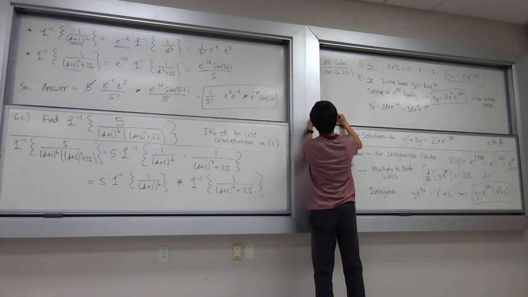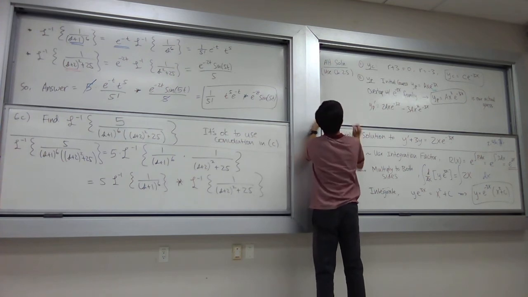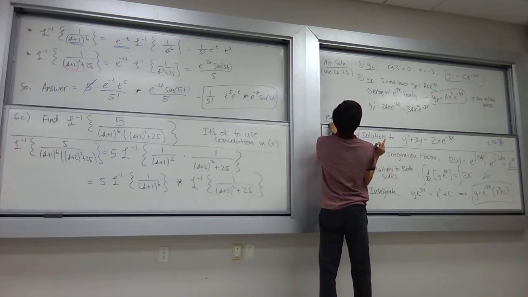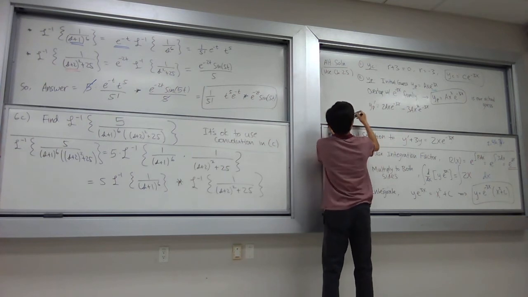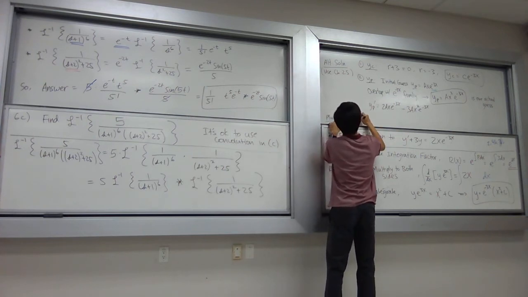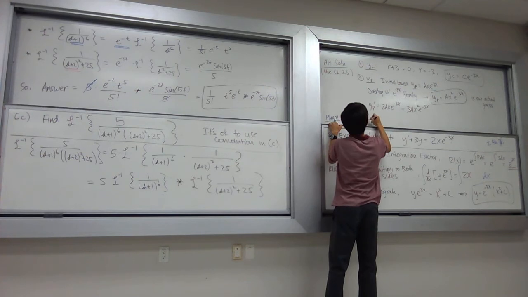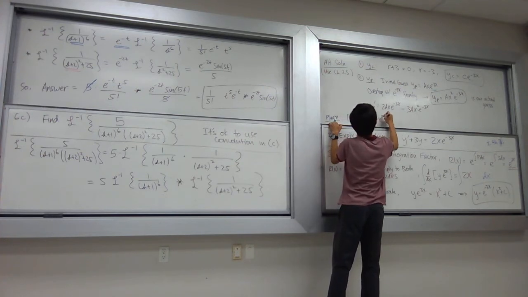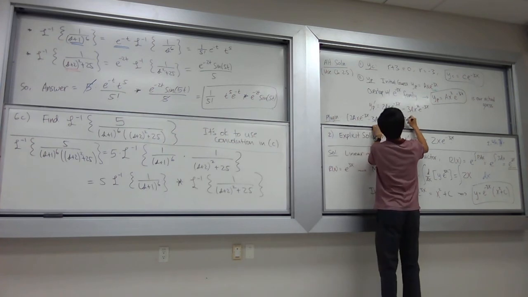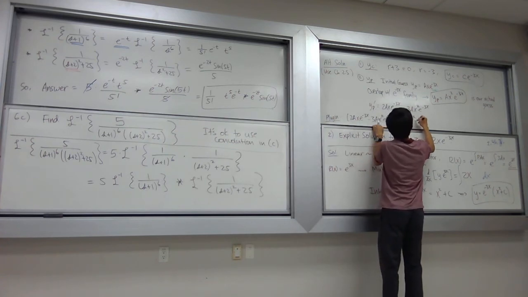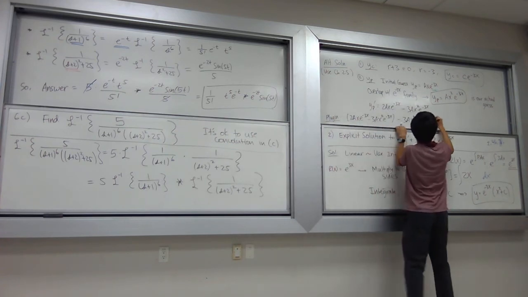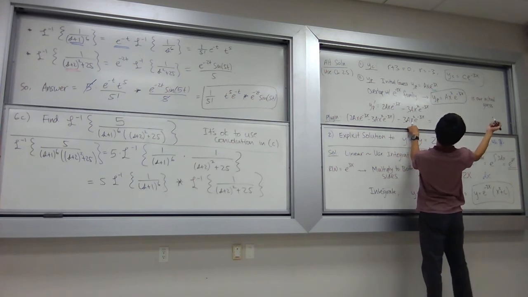Plug it in. So yp prime minus 3yp, so minus 3a x squared e to the negative 3x, has to equal 2x.